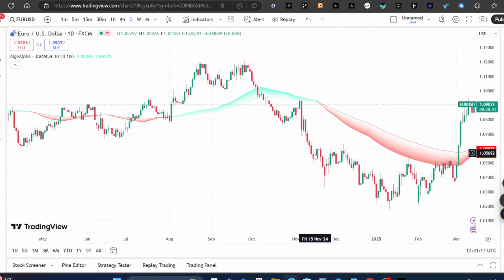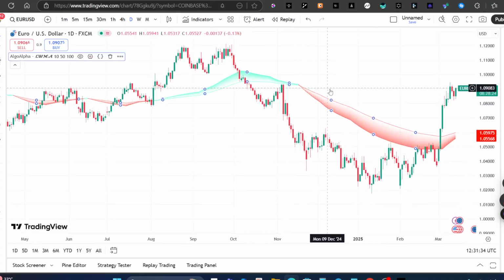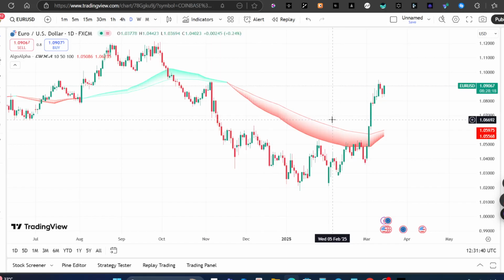So now let's quickly talk about how the liquidity weighted moving average works in practice. First of all, incorporating liquidity. The LWMA adjusts its calculation based on market liquidity, meaning it places more weight on price movements that happen when there is more liquidity. So what does that mean?